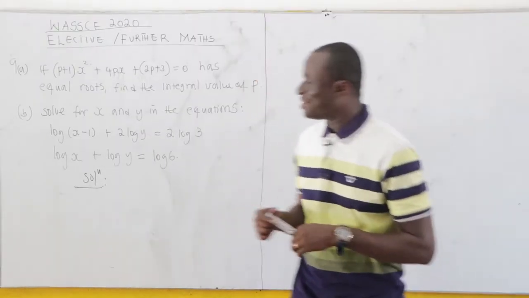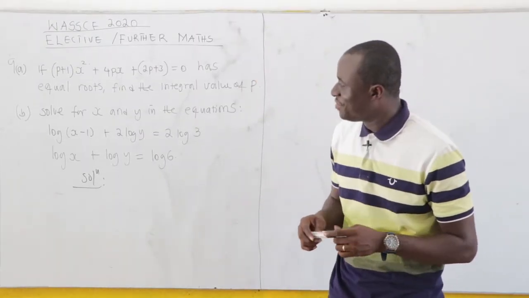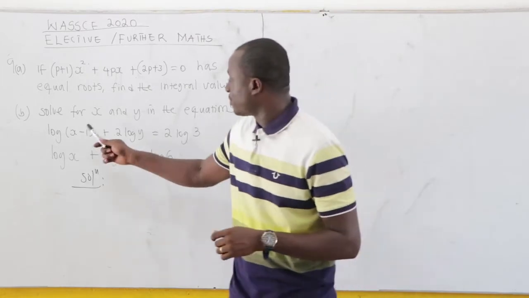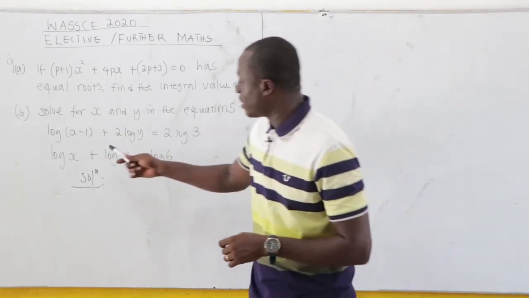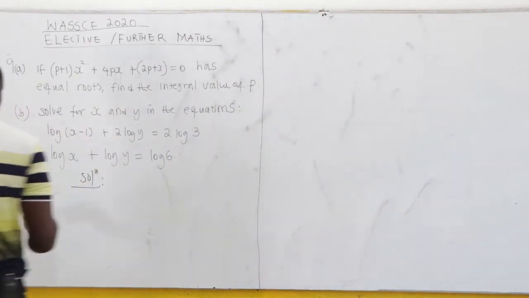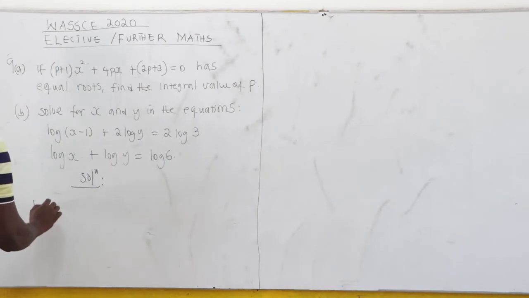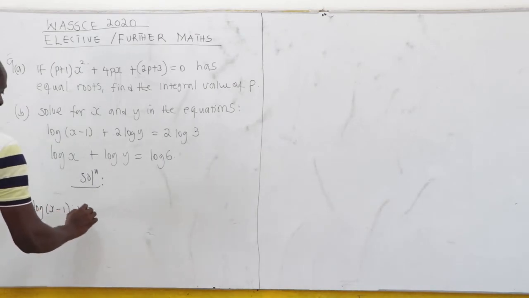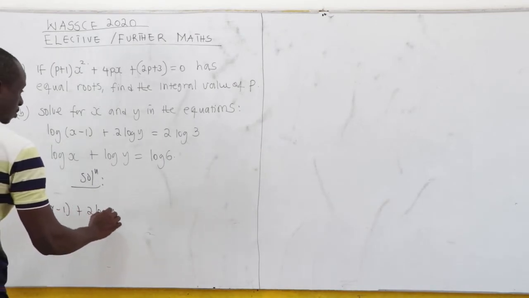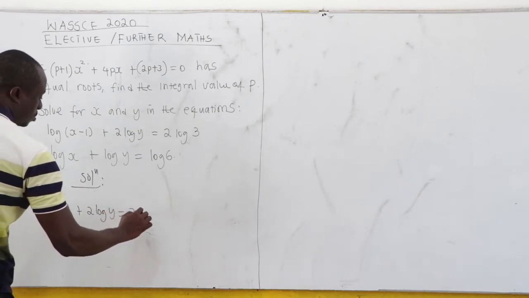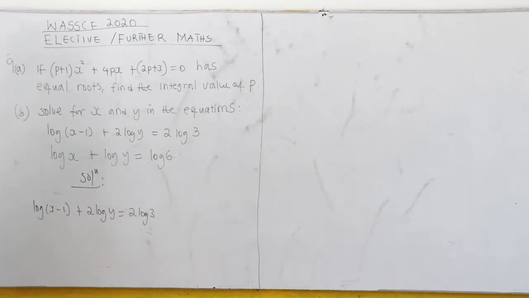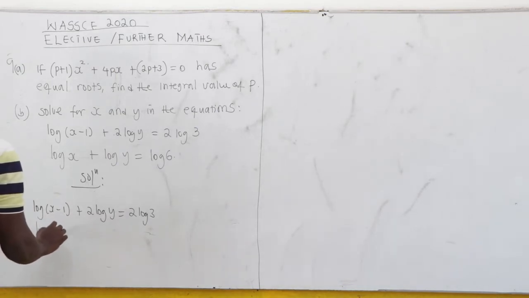Now let's consider question number 9b, WASSCE 2020. Solve for x and y in the equations. The first one we have log(x − 1) + 2 log y = 2 log 3. Now let's apply the third law here. So we have log(x − 1).